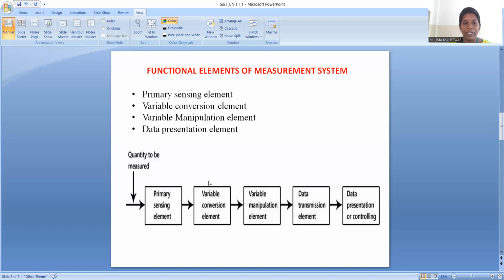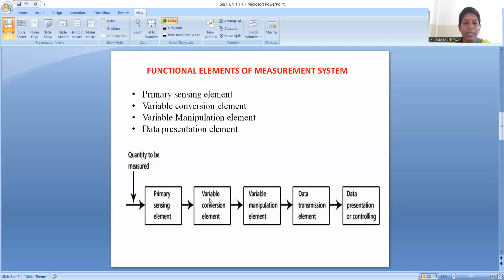And the next block is the variable conversion element. In this variable conversion element, the output of the primary sensing element, that is the electrical signal, is given as input. It may be a voltage or a frequency or some other electrical parameter, but this is not suitable for the measurement system.